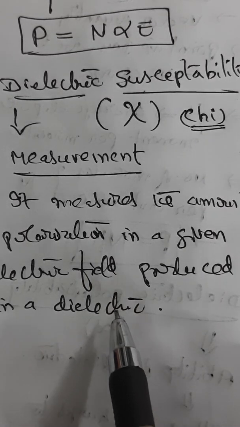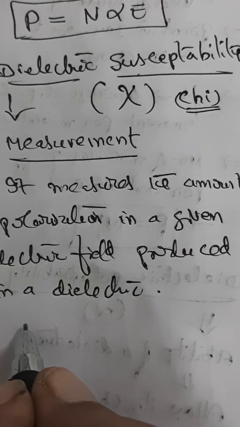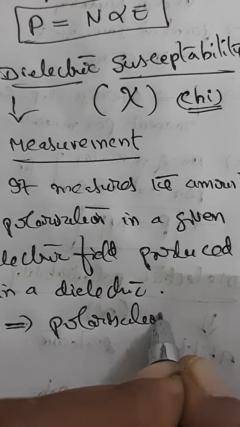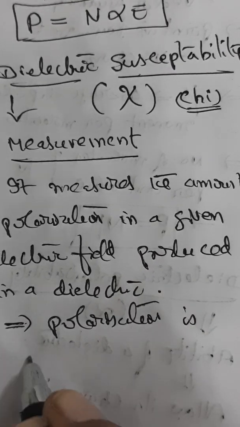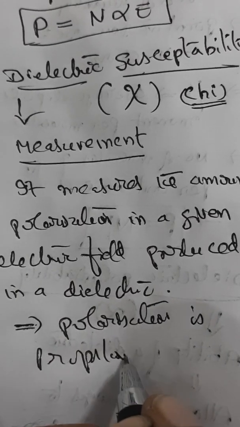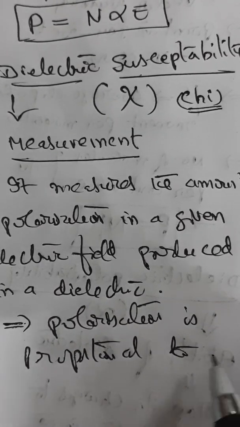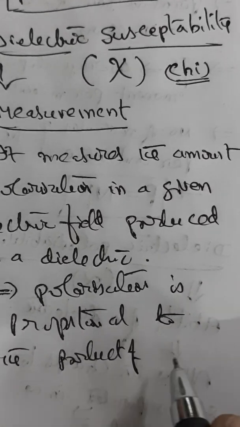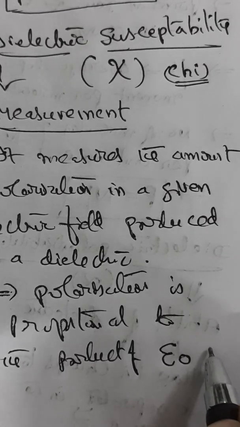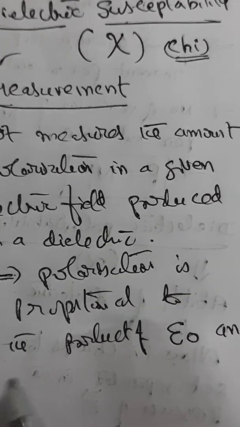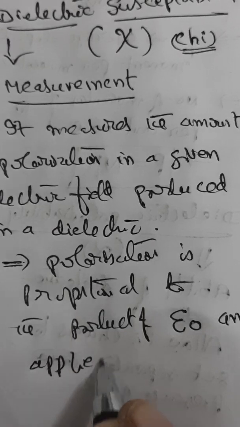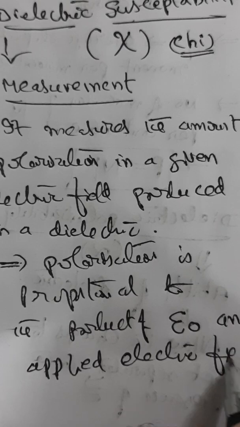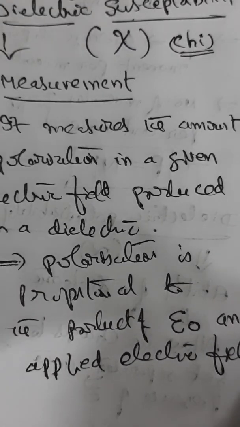Now we already know that polarization is proportional to the product of the permittivity of free space and the applied electric field.